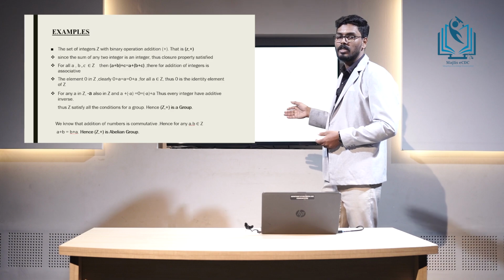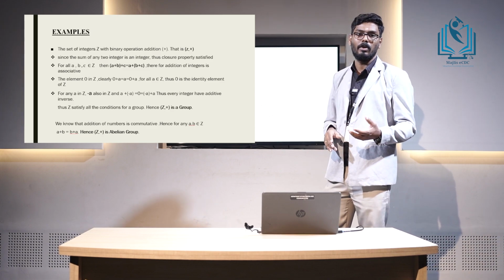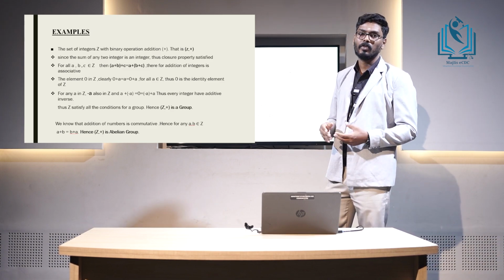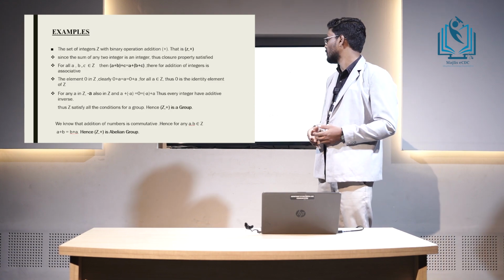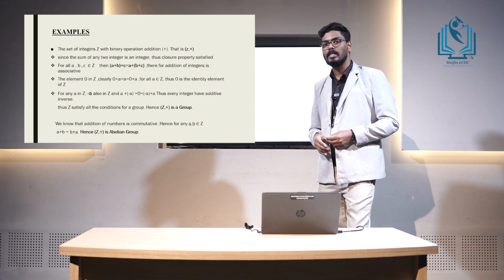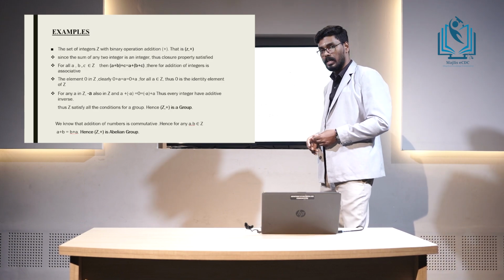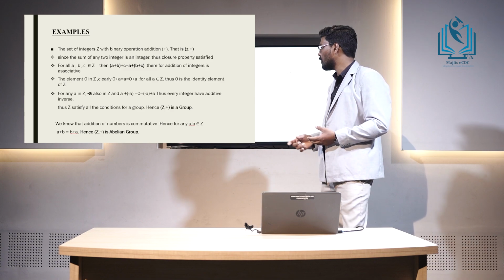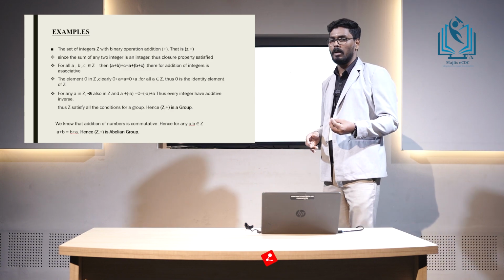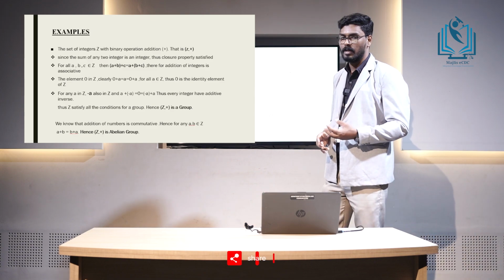So we can consider 0 as the identity element of the set of all integers. So the set satisfies the third property as well. The next one is existence of inverse. We are checking whether the set has an inverse for each element. For that we consider an element A belonging to the set.